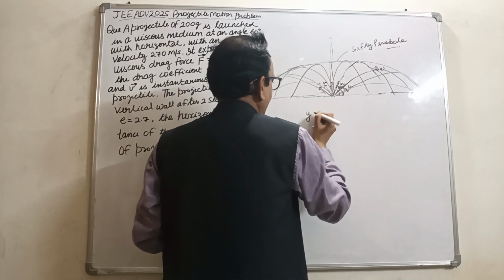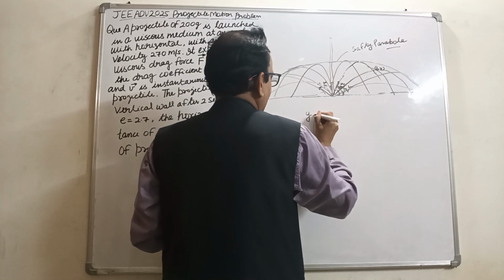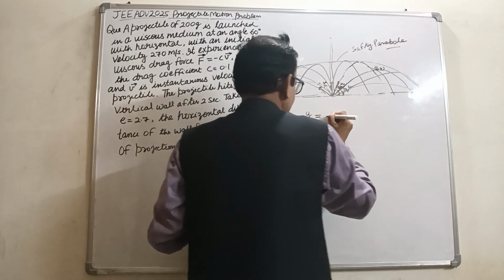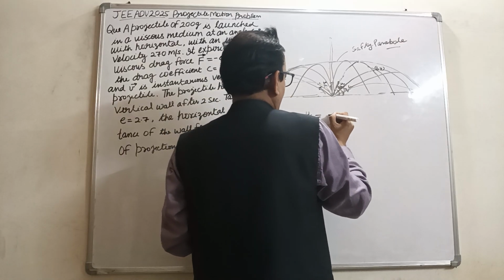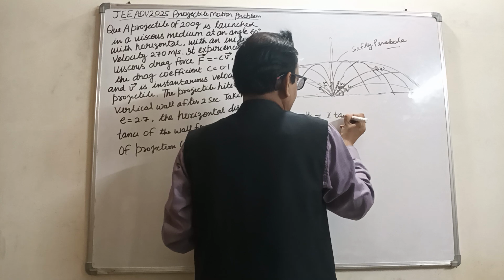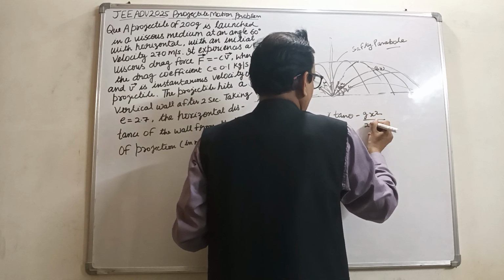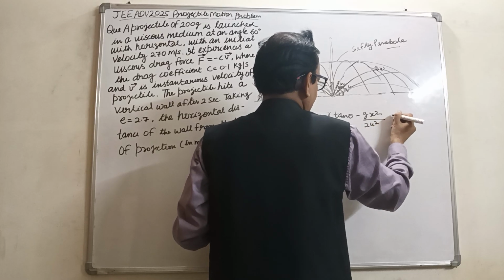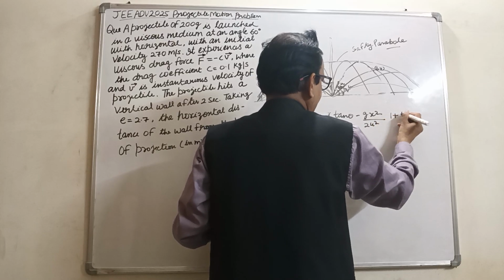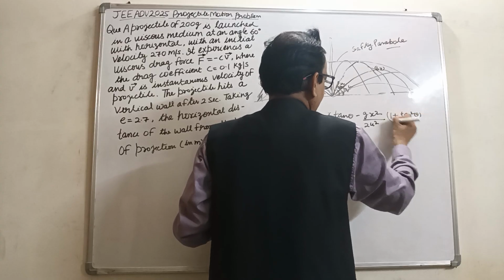So what is the safety parabola? The equation of the parabola we can write here: y equals x tan theta minus g x square upon 2u square, into sec square theta. We write sec square theta as 1 plus tan square theta.